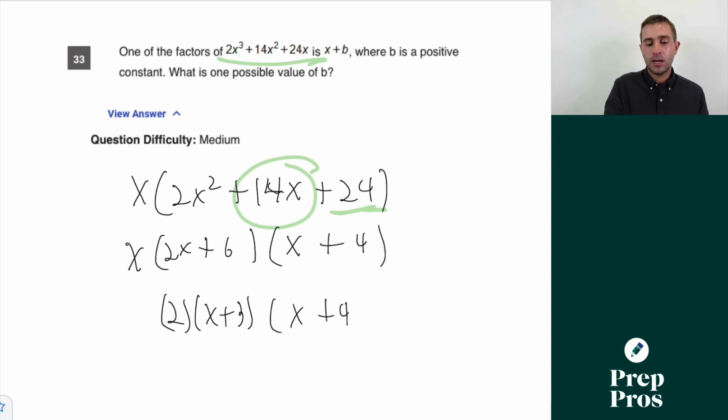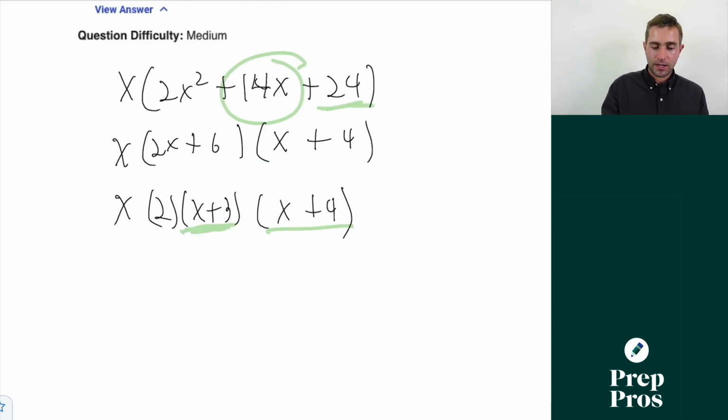The reason I had to do this is because I was looking for x plus b, not 2x plus b. So my two possible answers here would be 3 or 4. Either of those are going to give me a possible value of b, where b is a positive constant. And we'd still have our x over here.